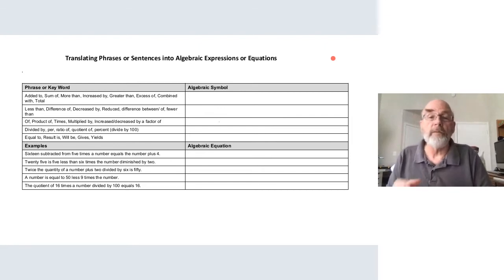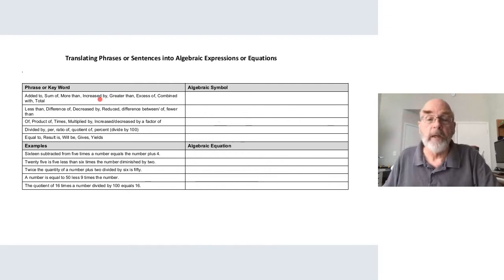And so there's going to be some key phrases one has in order to translate that written language or spoken language into an algebraic form that we can then, of course, use our algebra skills in order to hopefully solve and come up with an answer to our original problem.